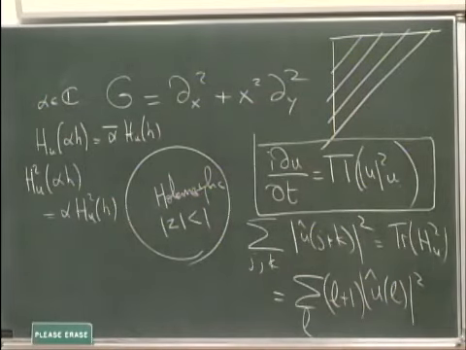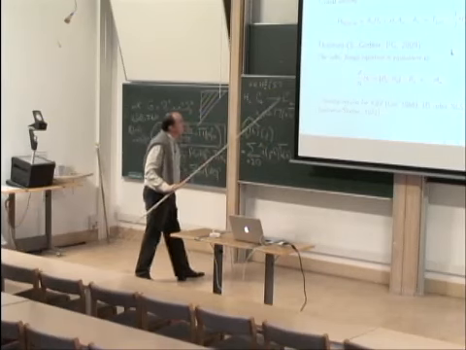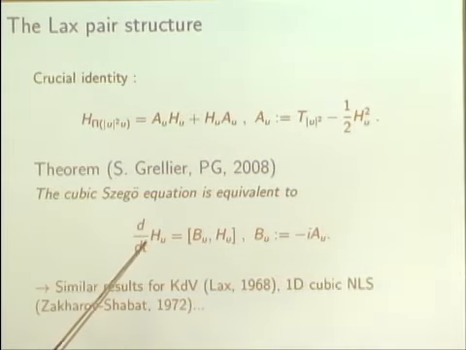So Hu squared is a nice non-negative trace class operator. And of course, this operator Au is a nice self-adjoint operator.